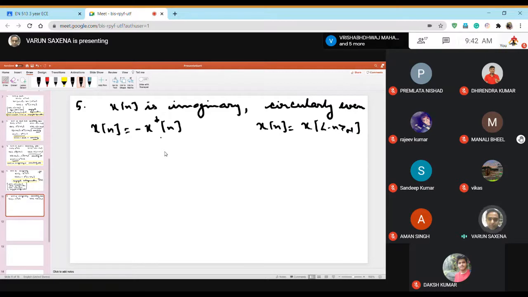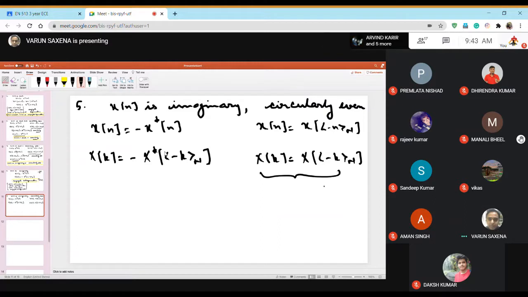So if you take the DFT on this side, then you get capital Xk will be the same as minus capital X conjugate of minus k modulo n, and if you take the DFT this side, then you will get Xk is equal to X of minus k modulo n. So if you look at this part, then that means it is circularly even.